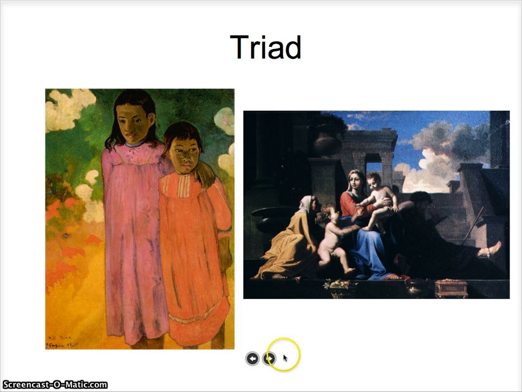Triad, 3 colors. Here is this painting on the right, red, yellow, and blue. Poussin has used them to basically design his picture. This is the Holy Family and Saint Anne, I believe. He's put this family in the triad, yellow, red, and blue, beautifully placed. Mother, child, and grandma.